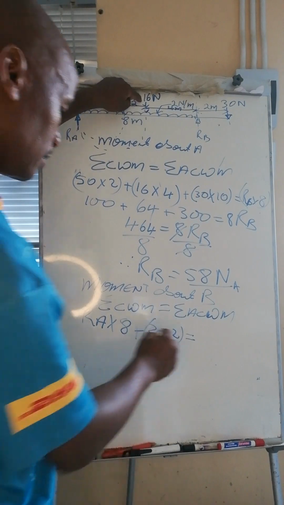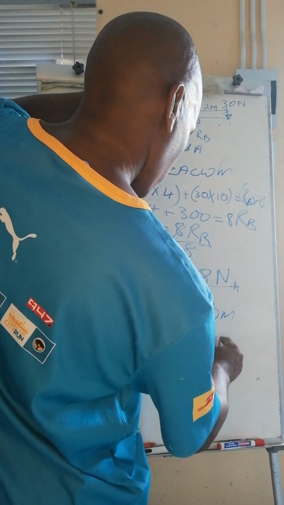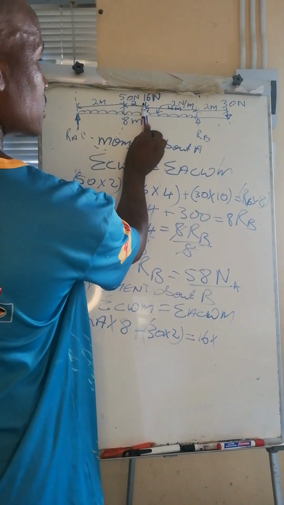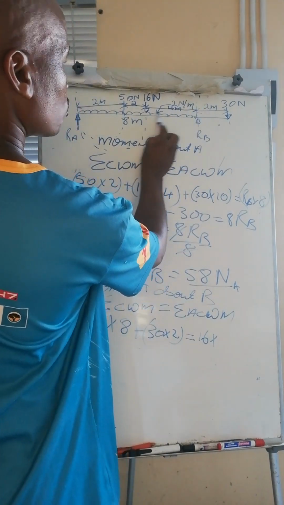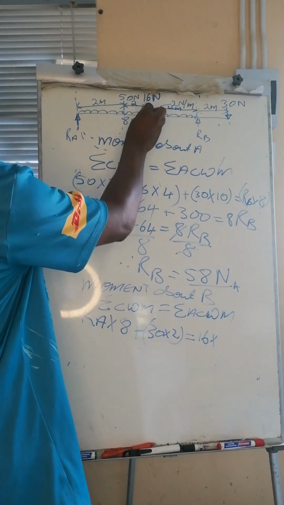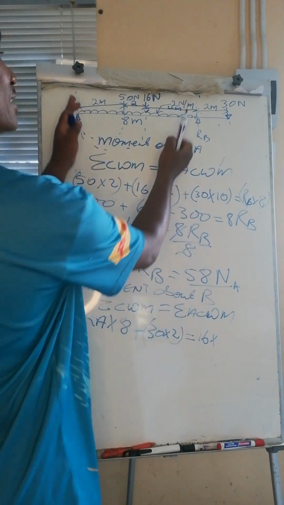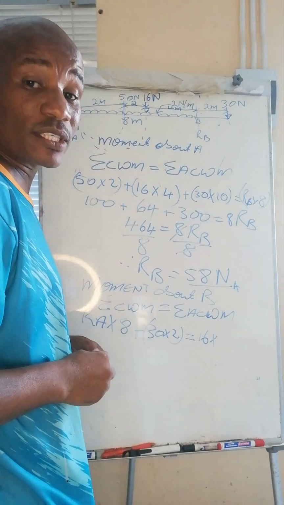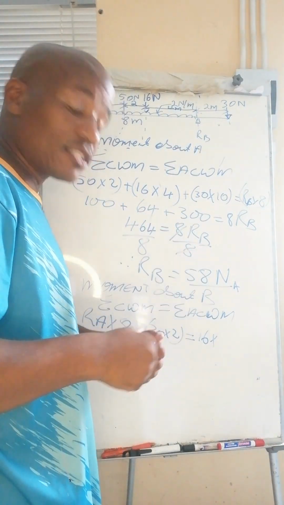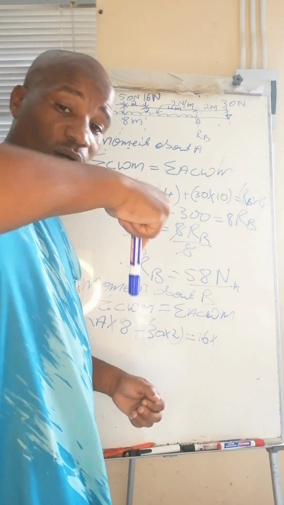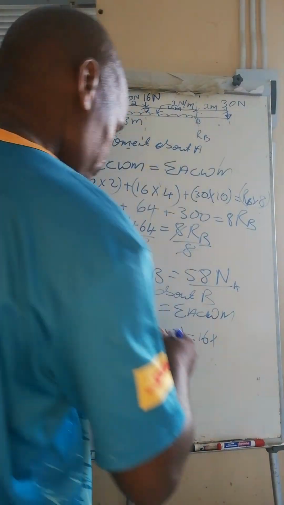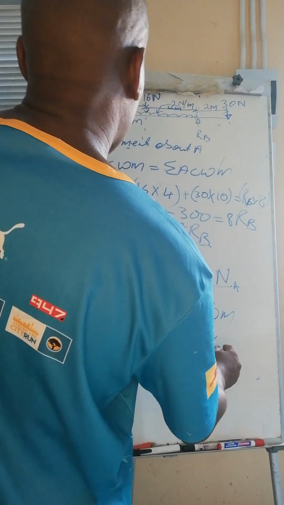This is equal to 16 multiplied by the distance from 16 to B, which is equal to 4. Remember, this 16 is acting at the center of 8 because initially it was a uniformly distributed load before it was converted into a point load.